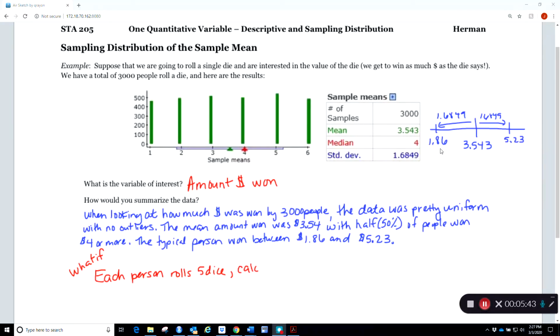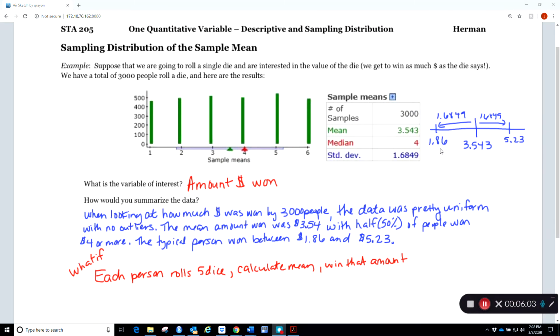For each person, we calculate their mean. So if you rolled all 4s, your mean would be 4. But if you had like a couple 1s and a couple 6s, we would average your values together. And that's how much money you win.